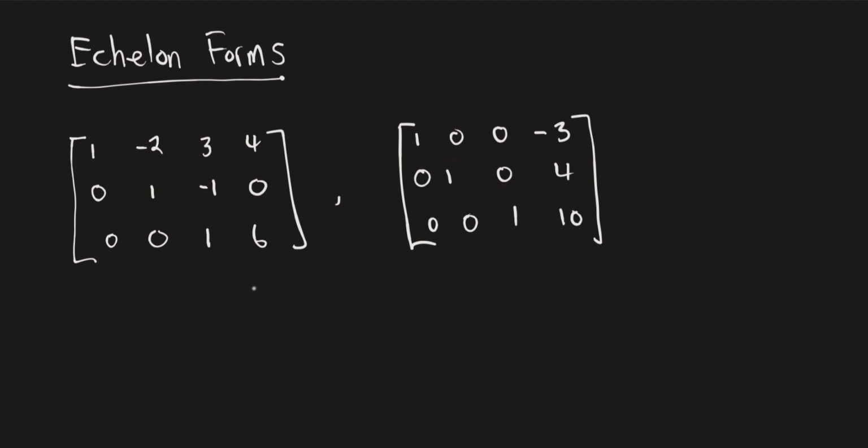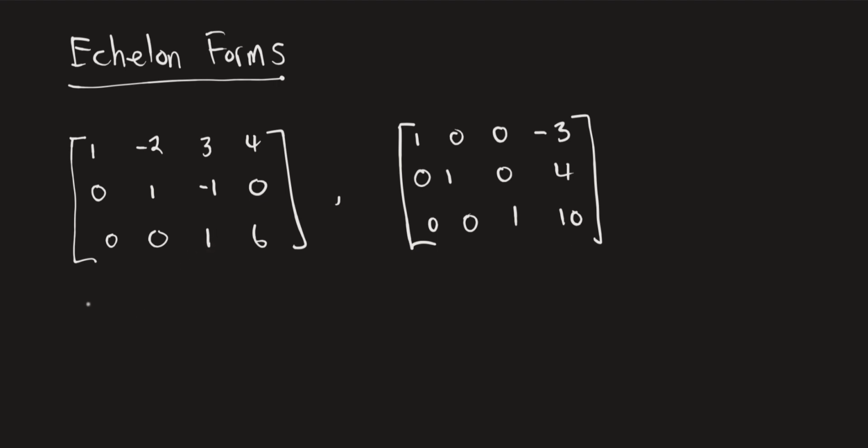So what I'm going to write down now is the definition of what we're going to refer to as echelon forms. The word echelon here is referring to that staircase, stair step type pattern going down from the upper left to what would be our last pivot.